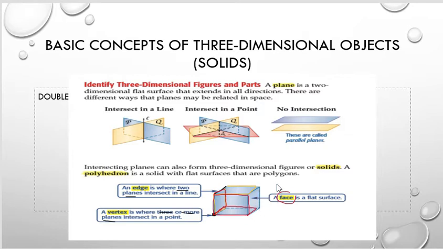Those are called faces. A face is a flat surface. In this one, there are a lot of faces. This is a face here, and this is also a face, and more parts of it. As long as it is a flat surface, that's a face.